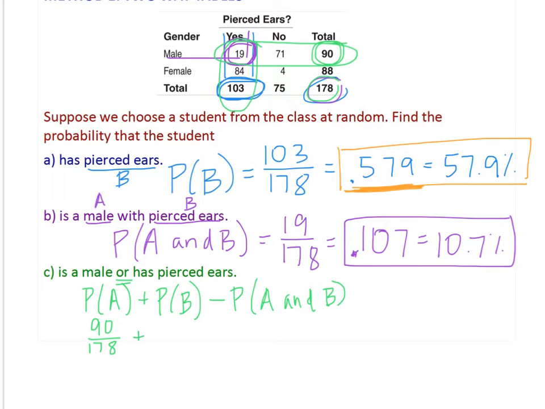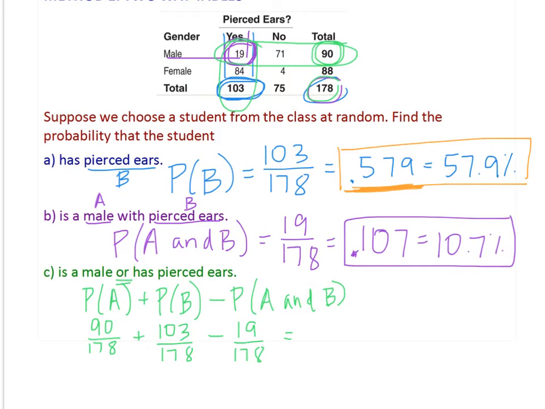Plus the probability they have pierced ears, which we already said was 103 out of 178, divided by the overlap that they're a male and have pierced ears. Notice that all of my denominators are the same. In all of these, I'm dividing by the total, and I'm looking at the males out of the total, the pierced ears out of the total, and then my overlap out of the total.